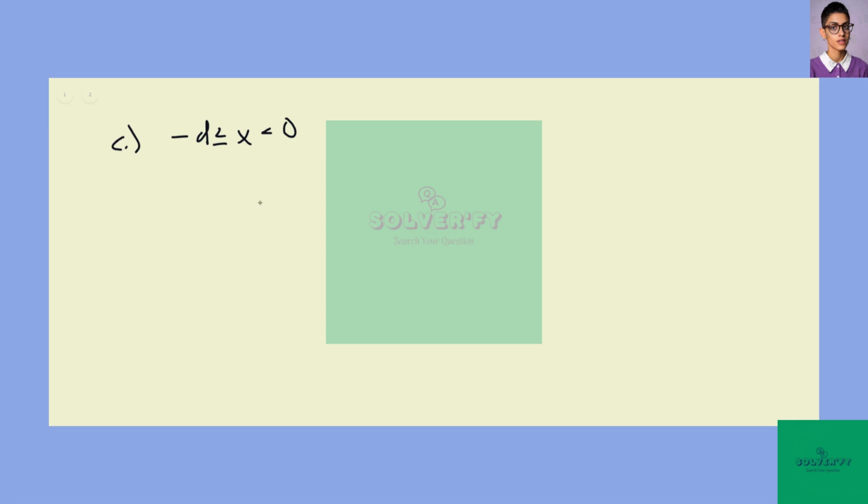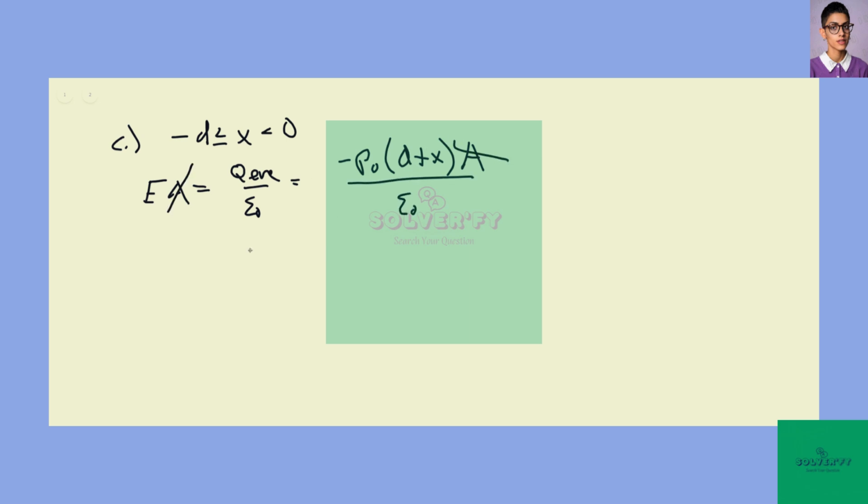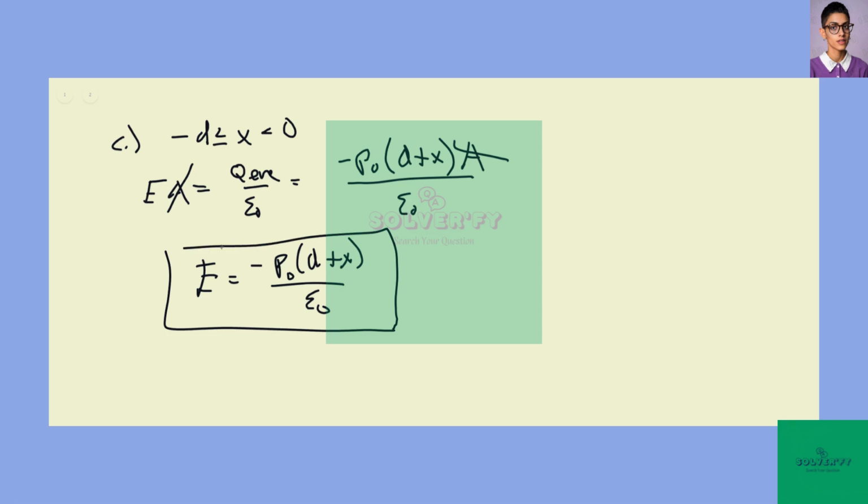So now we have the same equation where EA equals charge enclosed over epsilon naught, but now our charge enclosed is negative rho naught times d plus x times the cross-sectional area. And this is all over epsilon naught, so our A's cancel out, and we're left with an E of negative rho naught times d plus x all over epsilon naught. Awesome.